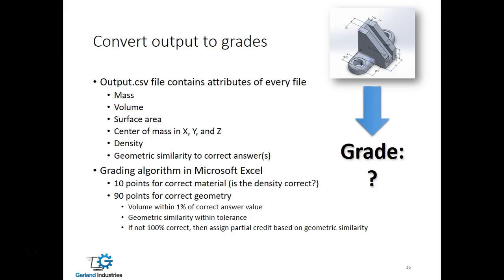So if it's not 100% correct, then we can assign partial credit automatically based on how similar it is. If someone just draws a cube and turns that in, that should be assigned a much lower score than someone that just made a tiny mistake. You know, like they forgot one dimension on one of their sketches, and then that threw off their mass and also the actual geometry. Maybe the sketch looked right, but it just wasn't fully defined.